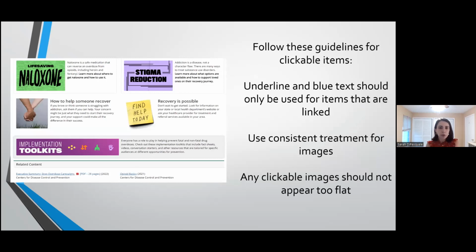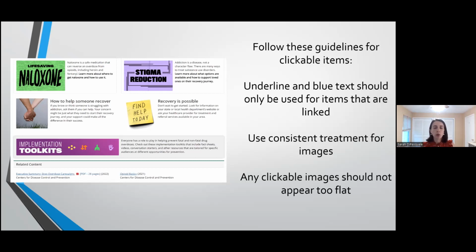So do all of the visual elements aid the user? And when I say visual elements, I do mean the images. I might mean, how does the text look? Is the text underlined? Is it blue? Kind of best rule of thumb, blue text should be a link. If it's not a link, we should not have text in blue. But we really want all of the visuals to add clarity, convey hierarchy, or aid in task completion. Now, the example here is from a CDC website, so this is not a nonprofit.